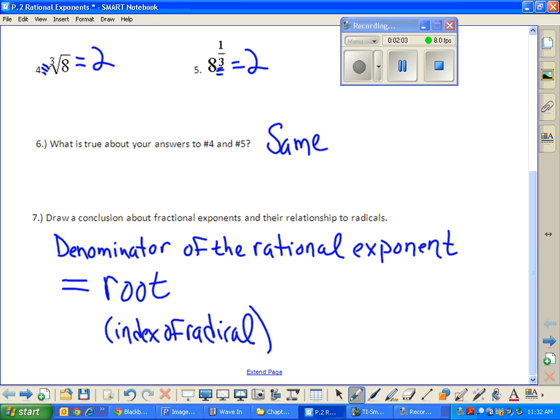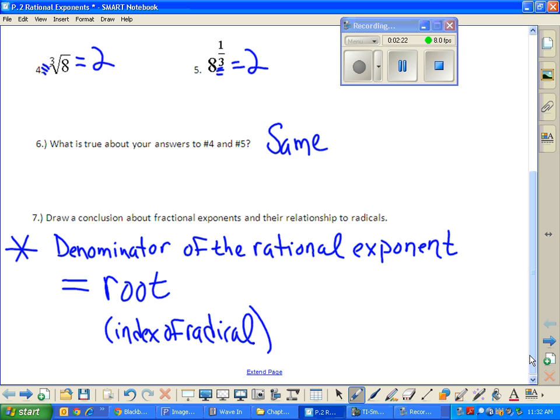I'm going to talk about your second fun fact in a minute there, Chris. But yeah, as far as this warm-up is concerned, do you see that? Because if you see that, you literally taught yourself half of today's lesson. You actually taught yourself a definition, which is pretty cool. Questions about that? So the bottom number is the root.